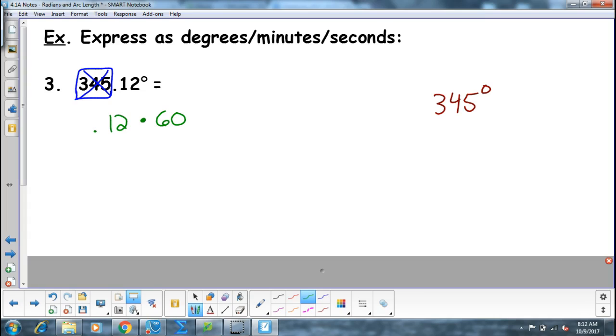So what is 0.12 times 60? 7.2, and that's now in what? Minutes, correct? So this 7 is going to be my minutes. And now I'm done with that one.